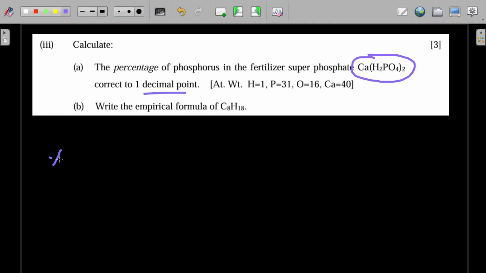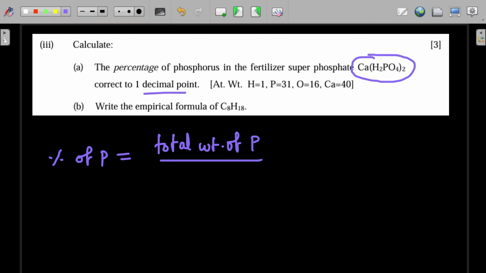How do you find the percentage? You take the weight of phosphorus divided by the total weight of the compound, into 100. Total weight is nothing but the molecular weight only.